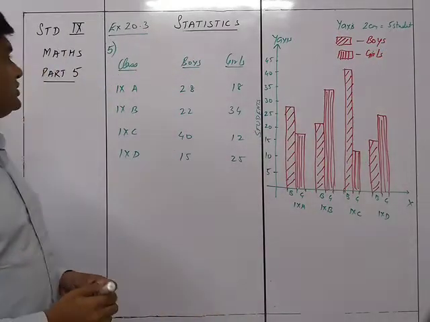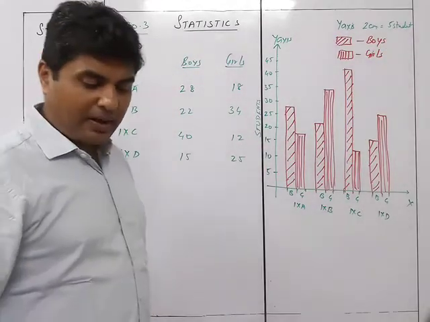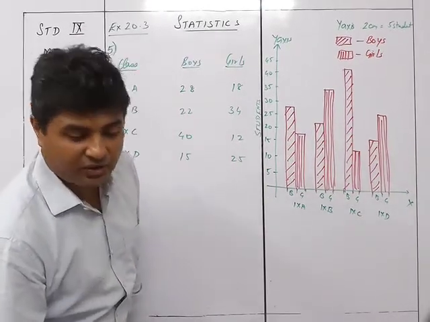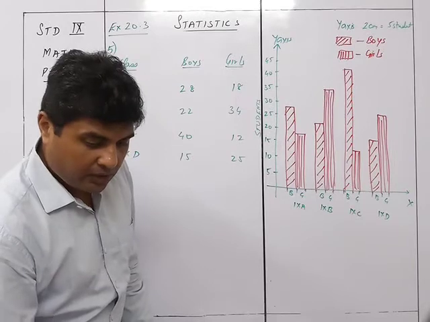So this was your question number 5, which was a double bar graph which you have made for the boys and girls in standard 9th of a certain school.